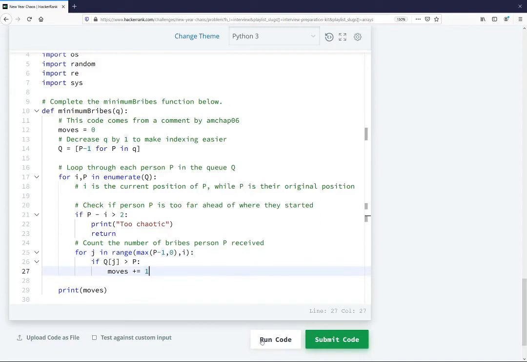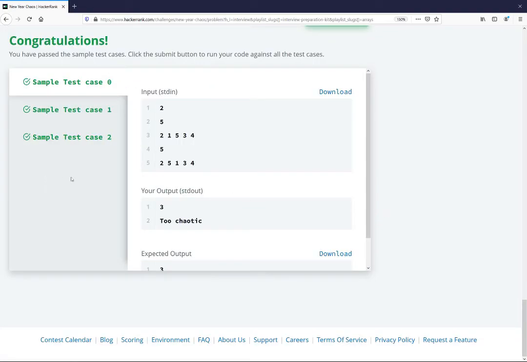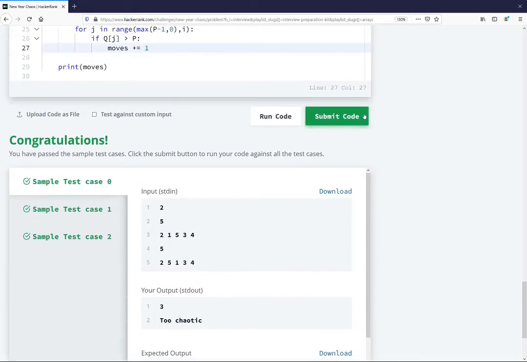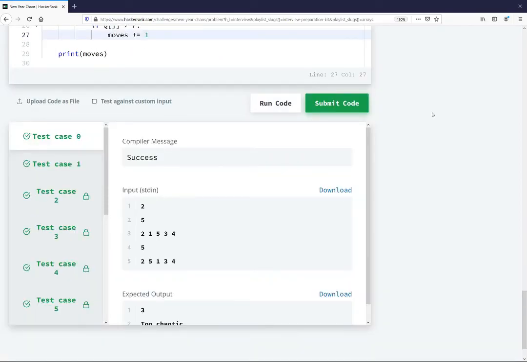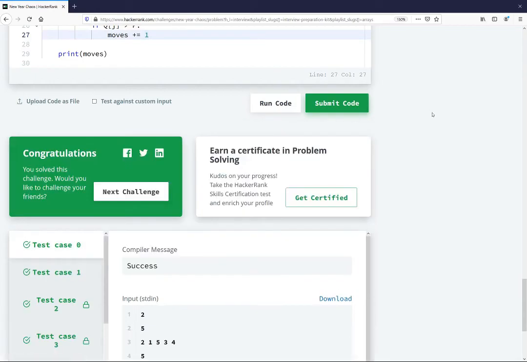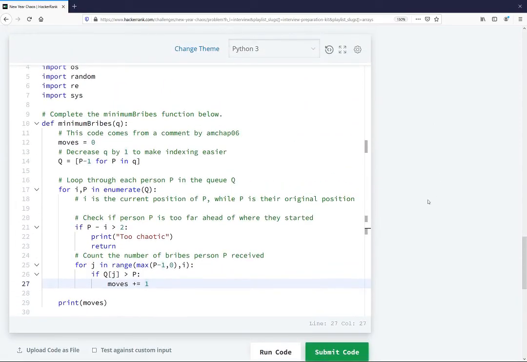All right, so now we go ahead and run the code and it seems to work. So we go ahead and submit it and it runs all the cases pretty quickly, and there we go. So yeah, I think the most difficult part of this problem is really just sitting down with the original untangling problem, working something out by hand, and really understanding how it works.